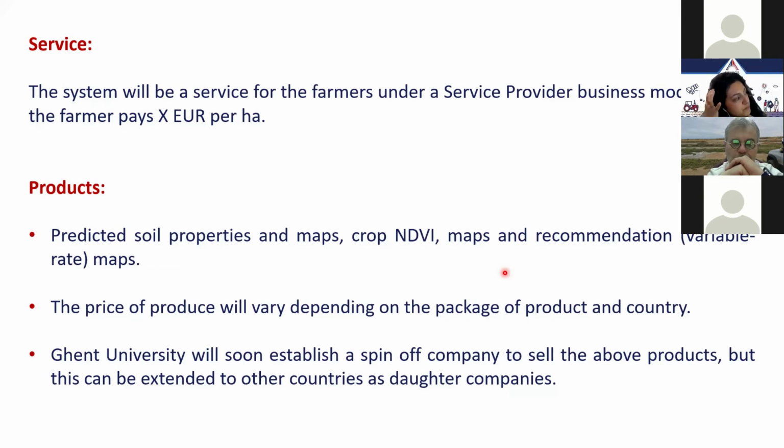The price of the products would vary depending on the package of products, the country, and some other variables. The idea is that Kent University will soon establish a spin-off company to sell these products, but this can also be extended to other countries as daughter companies.